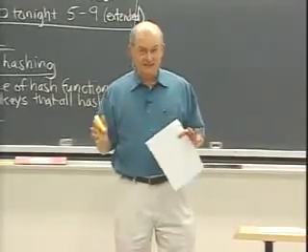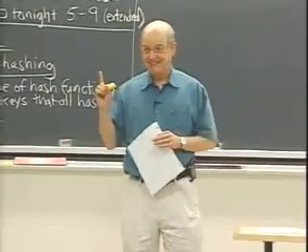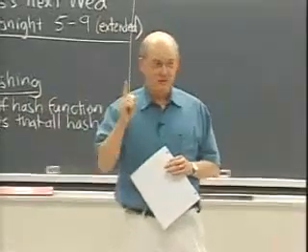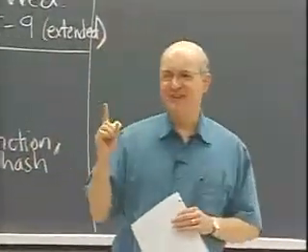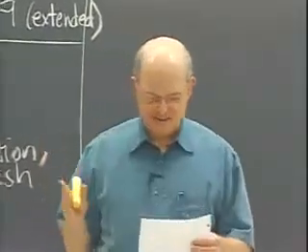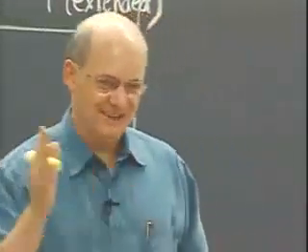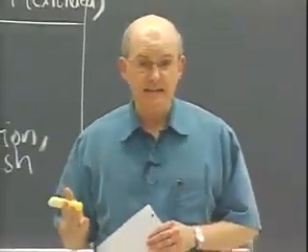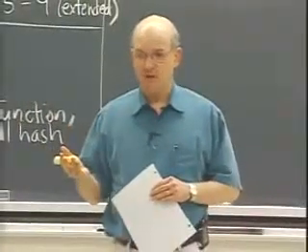The answer is one word. How do you defeat any adversary in this class? Randomness. You make it so that he can't guess. The idea is that you choose a hash function at random, independent.